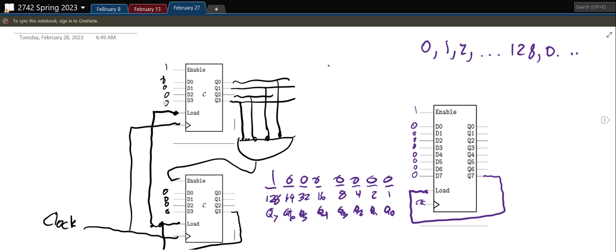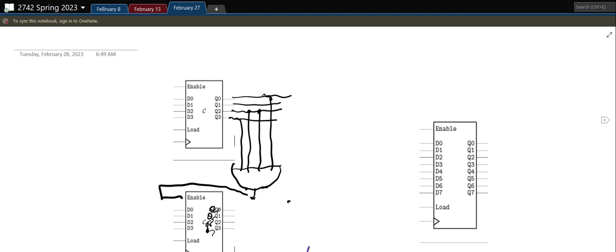Okay, so on the next one, I already set up my 8-bit counter over here. So on the next one, we're going 16, 17, up to 64. And then loading 16.